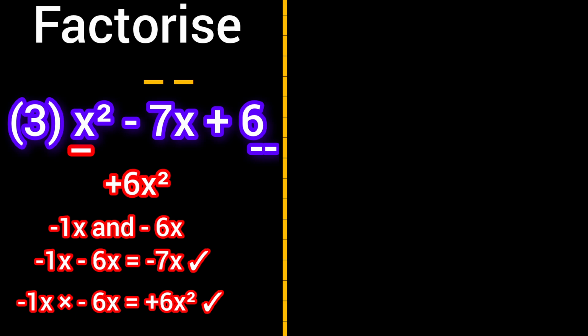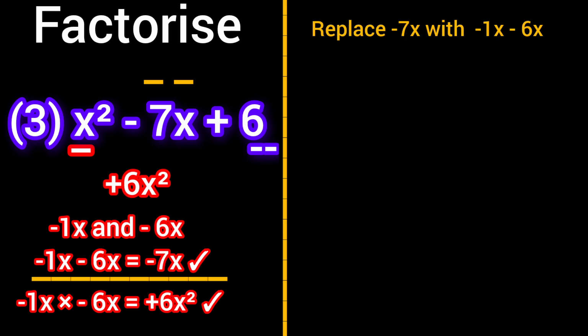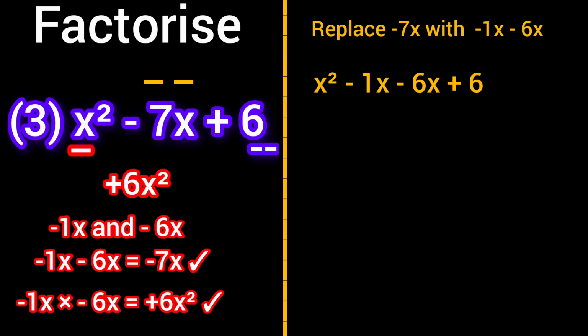Then since we have gotten the numbers, we're going to replace minus 7s with minus 1s minus 6s. Then we have s squared minus 1s minus 6s plus 6. We open bracket and put s squared minus 1s, we close it, minus open bracket 6s minus 6, we close it.